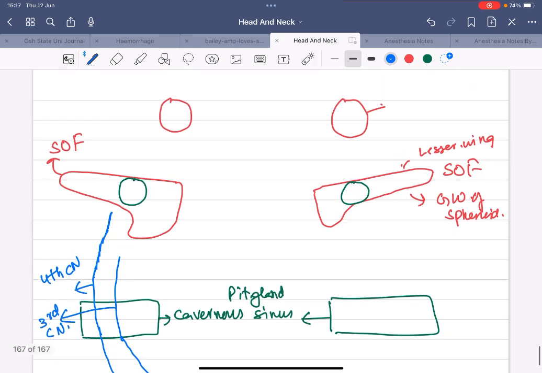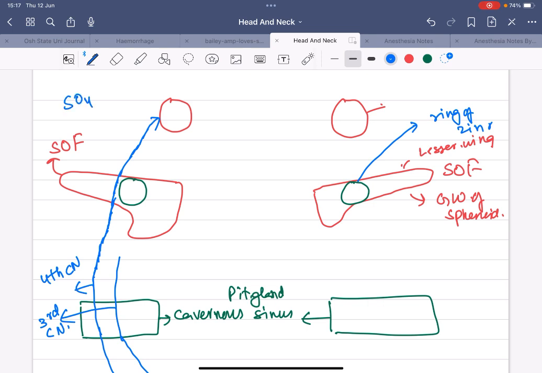This green one is the ring of Zinn. So the fourth nerve stays outside the ring of Zinn, and it innervates which muscle? Fourth cranial nerve, SO4, superior oblique muscle.